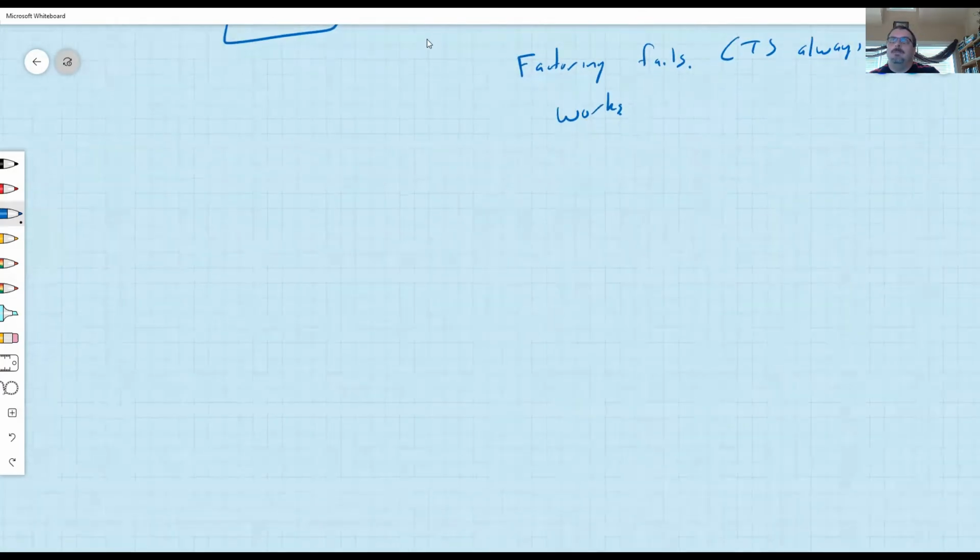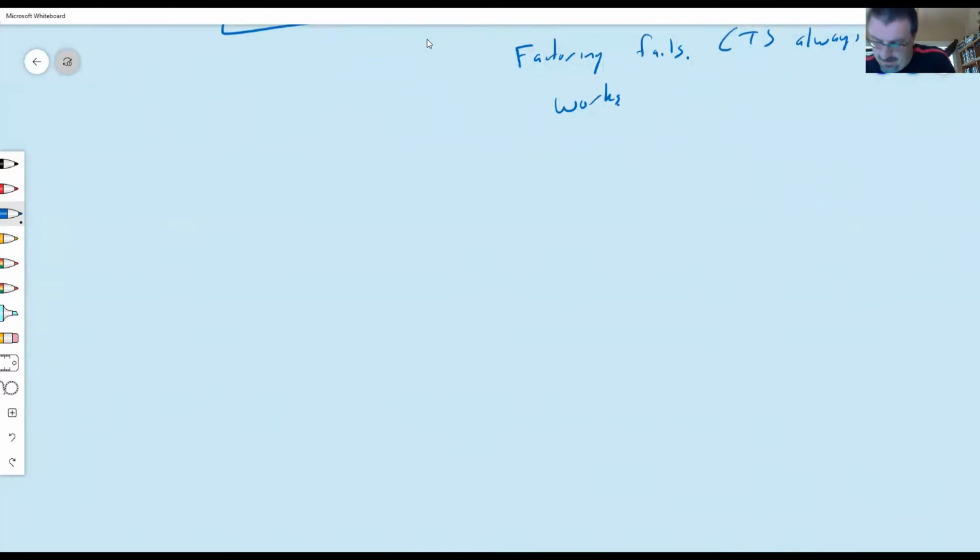All right, let's do another one. So I want to solve this one. If I was solving by factoring, I would make this 5 right here into a 0, but I'm not.